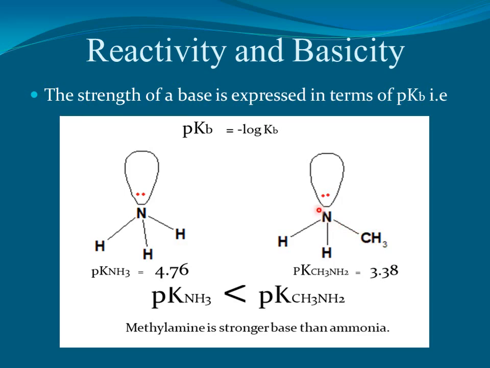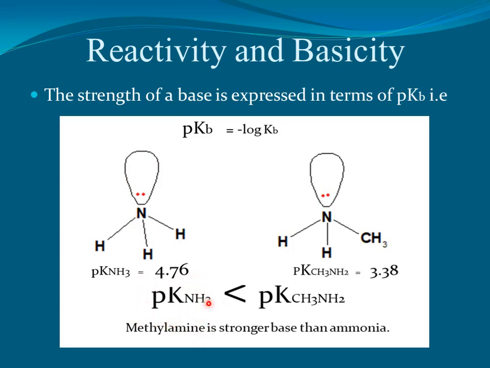So the nucleophilic character is going to increase, meaning the basic character will increase. That is why it is 3.38. Whereas in ammonia, no such methyl groups are present to increase the electron donating effect of this nitrogen. That is why the value is 4.76. And ammonia is a weaker base as compared to methylamine.